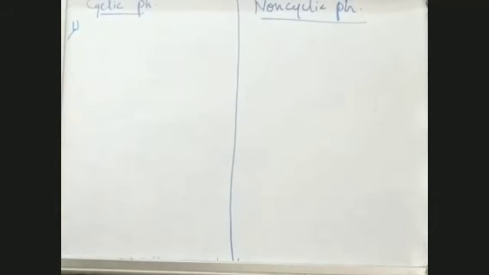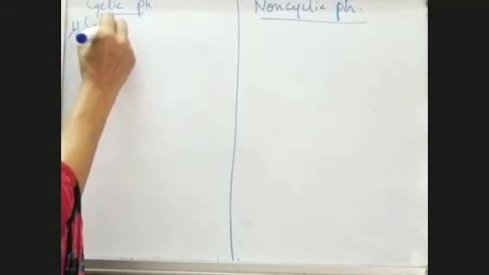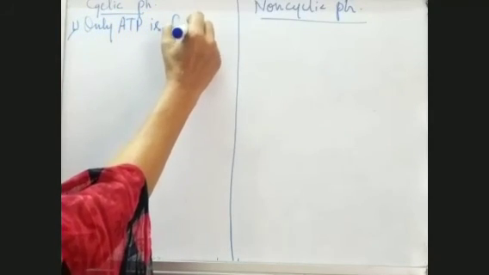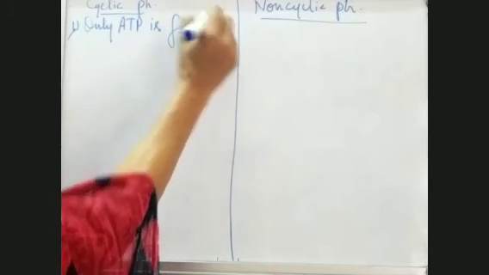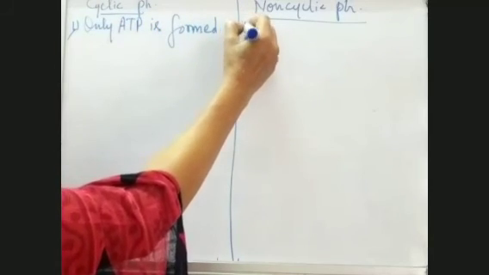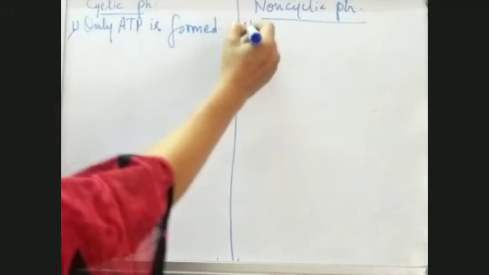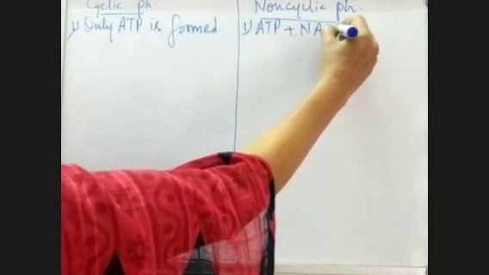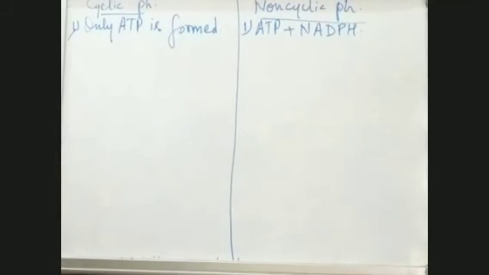But in cyclic, only ATP is formed, at two steps. Here, in non-cyclic, both ATP plus NADPH are formed: ATP at the cytochrome level and NADPH after that at the ferredoxin level. In non-cyclic, both high energy compounds are formed, whereas in cyclic just one high energy compound, ATP, is formed.